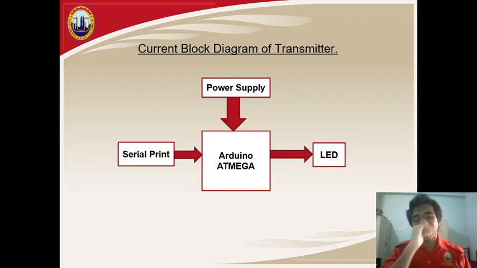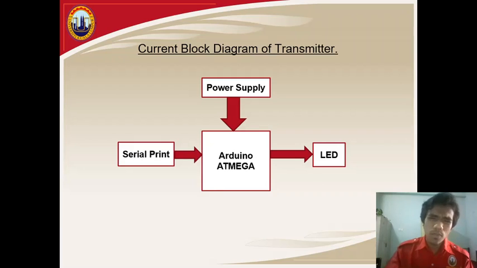I send data through the Arduino by Serial Print, which is in the window of the Arduino itself. And definitely we have to have a power supply to make the Arduino execute the program. And then the crucial part, you do need an LED to transmit data.